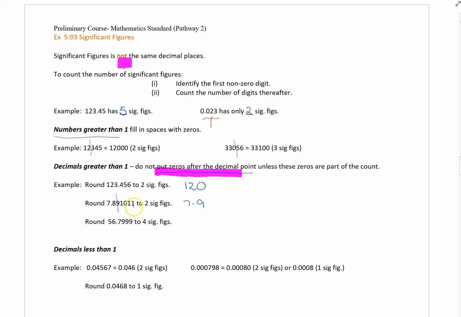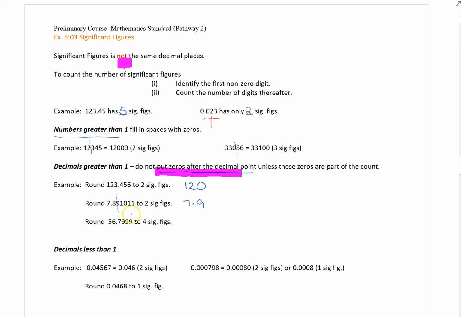Now, this is a case where, again, we don't fill all those other spaces with zeros. It's really important that you do not put zeros after the decimal point unless these zeros are part of the count. So let's have a look at the next one.